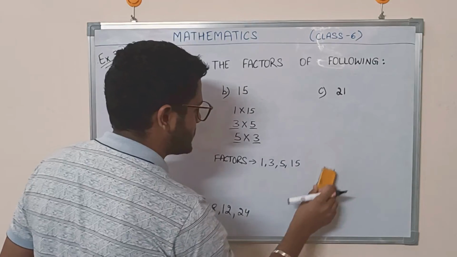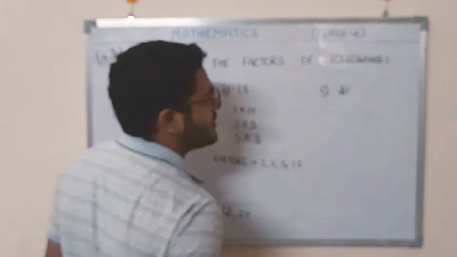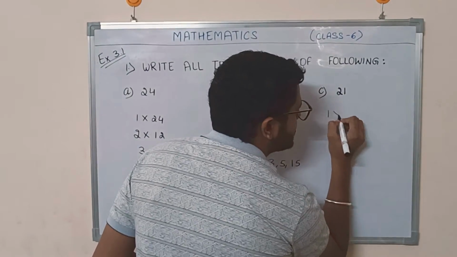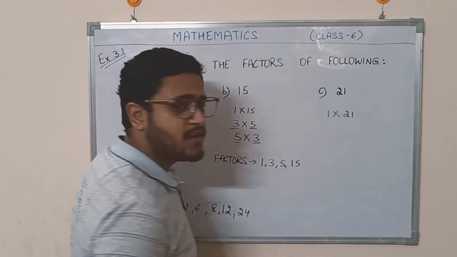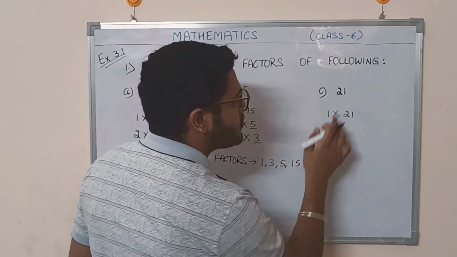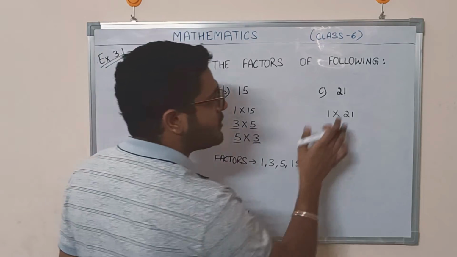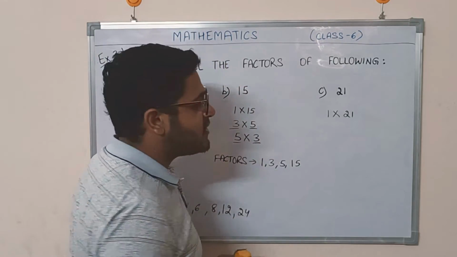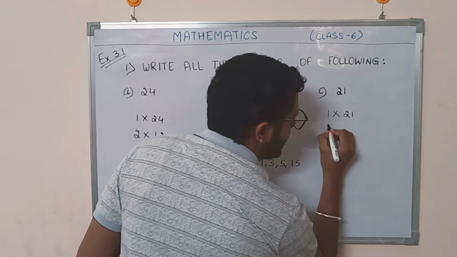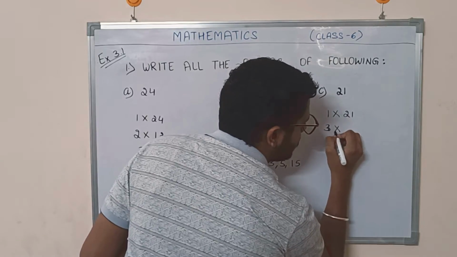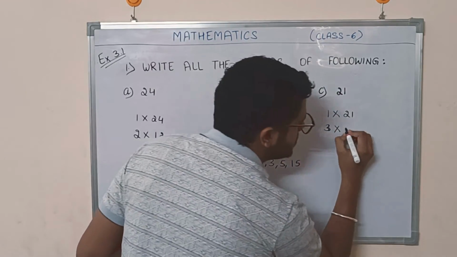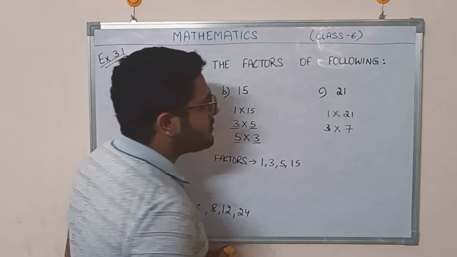Okay, let's go to the third part, 21. So first it will be 1 into 21, right? Now if we divide 21 by 2, we will get a remainder 1, right? Now after that, let's try with 3. When we divide 21 by 3, we will get 3 into 7. Okay.